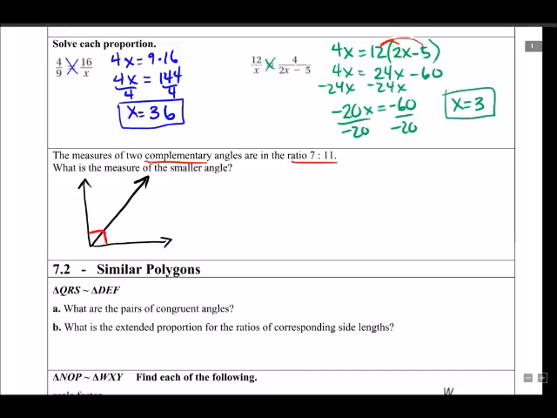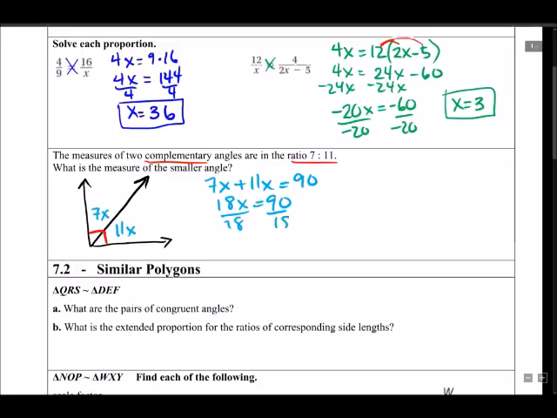And it's a 7 to 11 ratio, so we know we need a multiplier on those. And so 7x plus 11x equals 90. That's what complementary means. So 18x equals 90.